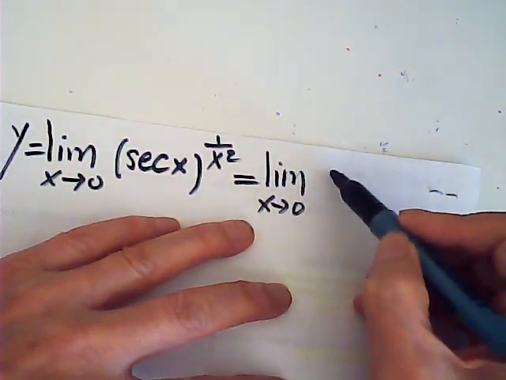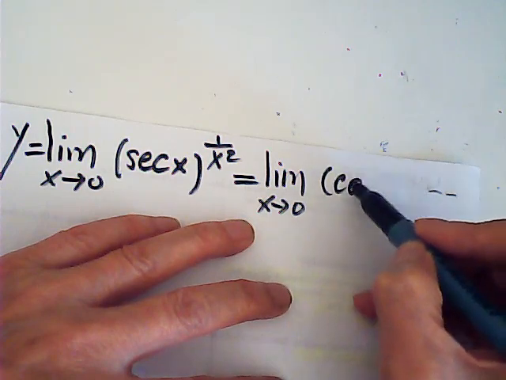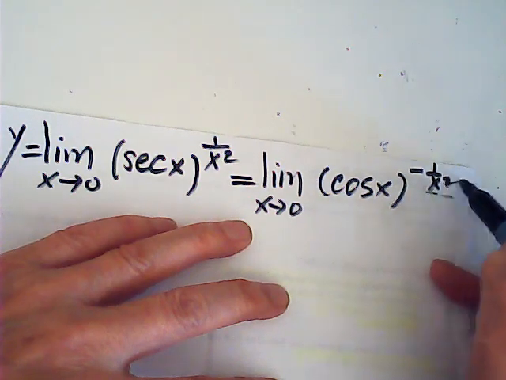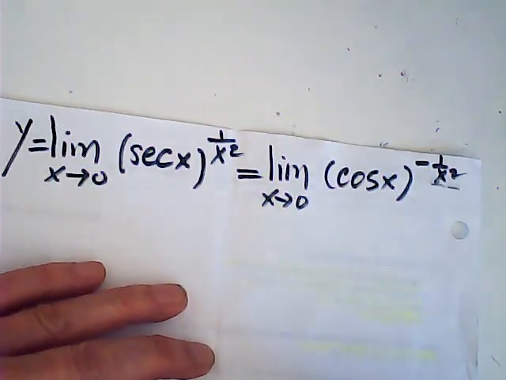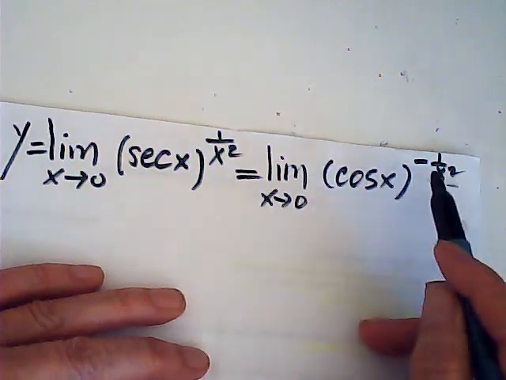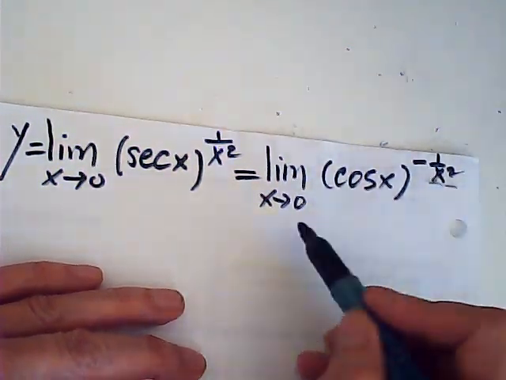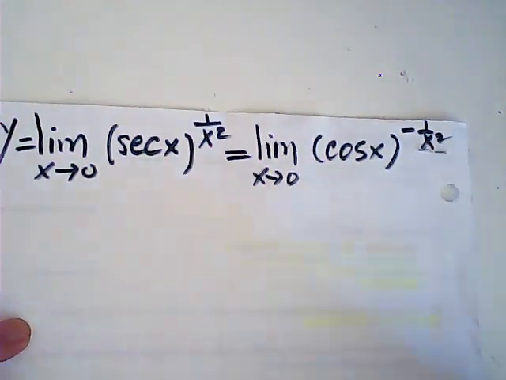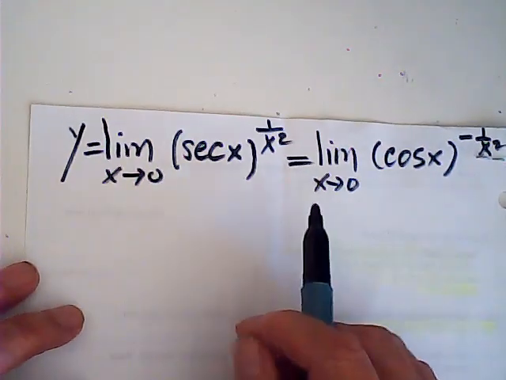So this one becomes cosine x to the negative 1 over x squared, right? Now, since this is an even function, therefore x goes to 0, doesn't matter which side. Both sides are the same.